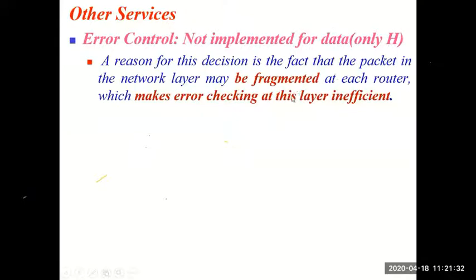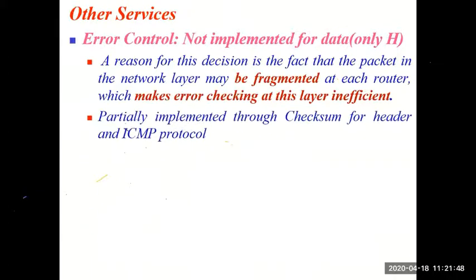However far and however many networks it has to cross, all this should happen at a very high speed. So please remember, in network layer, error control is not implemented for data, but it is implemented for the header. We'll be studying about that.